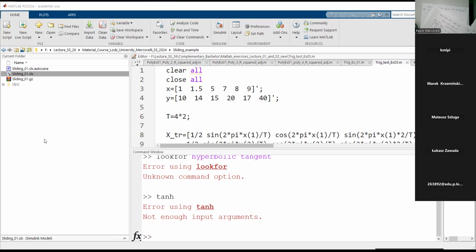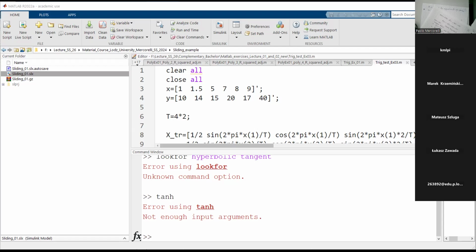I don't see any. Strange. Okay, let me look somewhere. Let me see. Tanh. Okay.